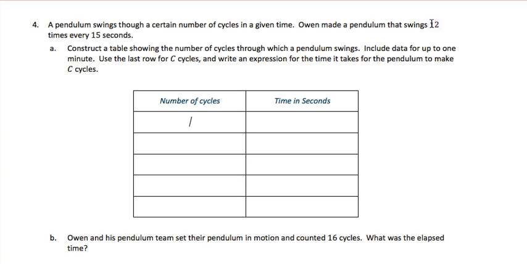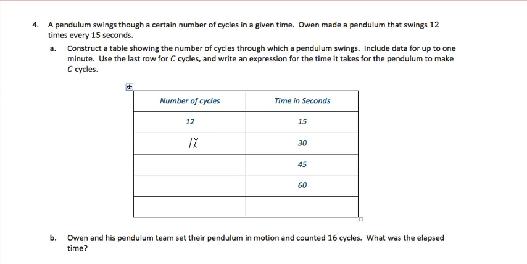Okay, we know that it swings 12 times every 15 seconds. 12 cycles, 15 seconds. And we're asked to include data for up to 1 minute. So let's complete our time in seconds first. Every 15 seconds, so another 15 seconds would pass. That would be 30 seconds, and another 15 seconds would be 45, and another 15 seconds would be 60 seconds, which is 1 minute.